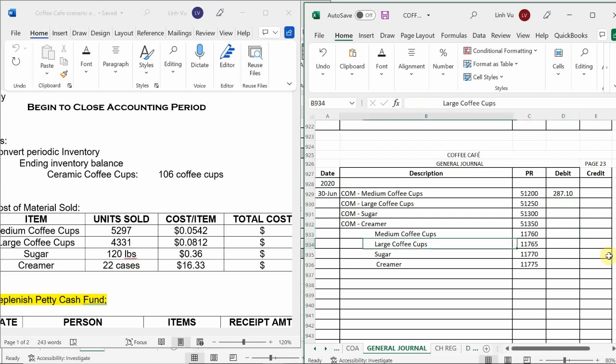And that's going to take that directly off of my medium cups.